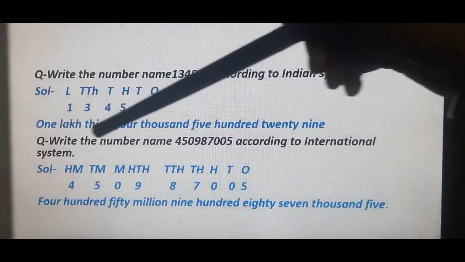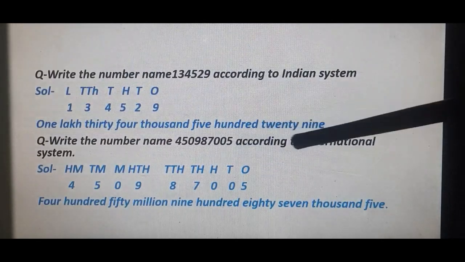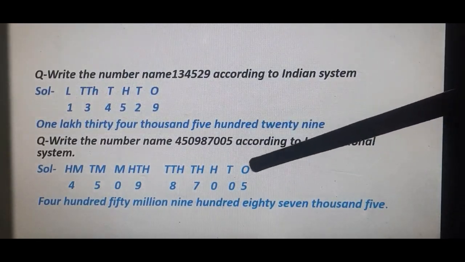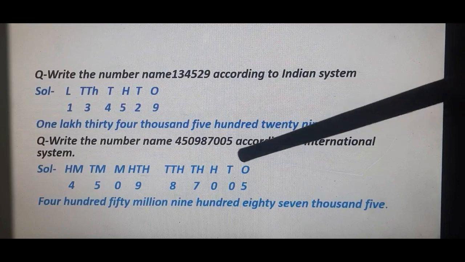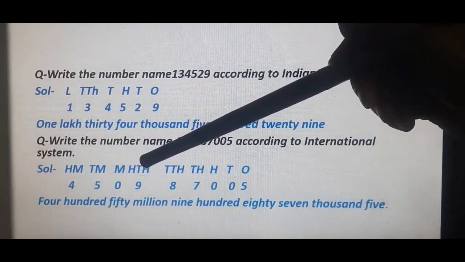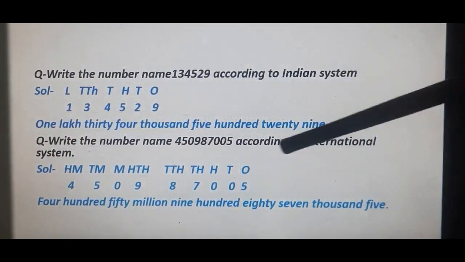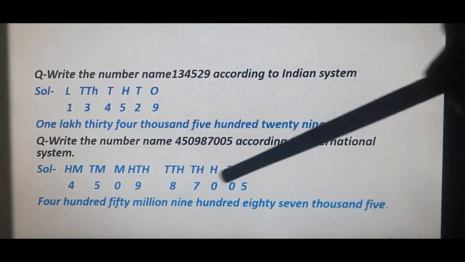Next question. Write the number name according to the international system. Now the international system place value chart you have done. So write down the places first: ones, tens, 100, 1000, 10,000, 100,000, million, 10 million, 100 million. Digits we will write down whatever are given.